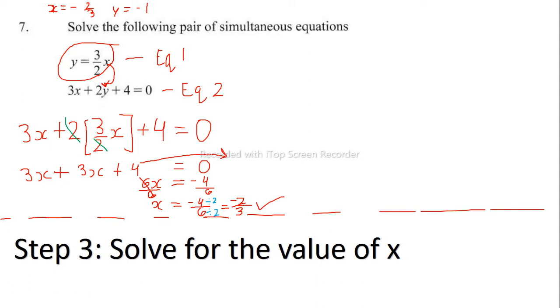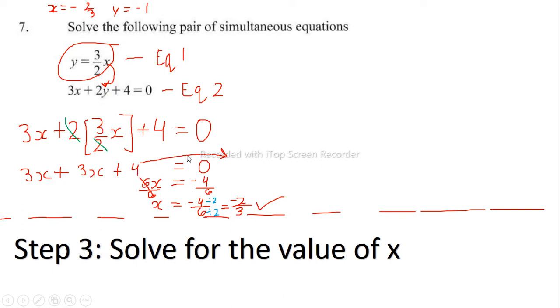Okay, so we know that x is equal to negative 2 over 3. What we did, we took y and placed it into the second equation. After we did that, we solved for x by first canceling out the 2's. Then we are left with 3x and 3x, plus 4.